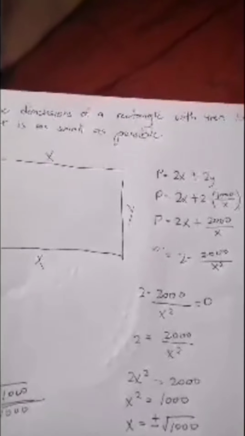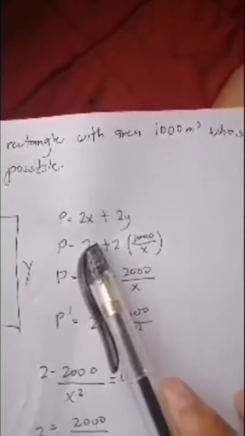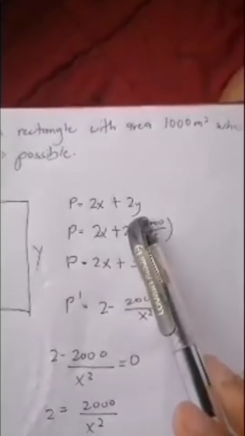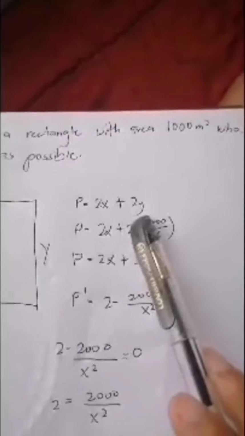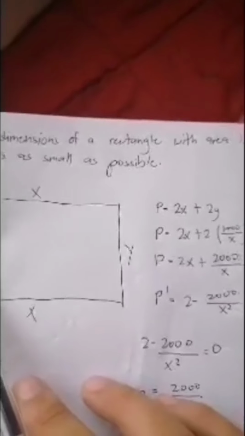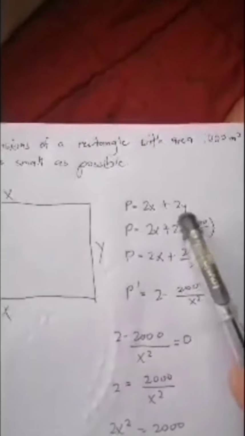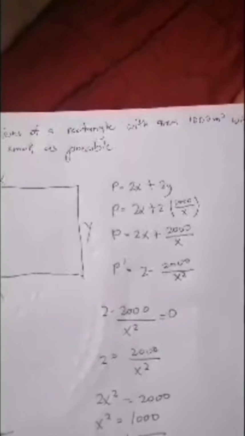The perimeter of a rectangle is 2 times X plus 2 times Y. Remember, this is X and this is also Y. So the perimeter is X plus X, which is 2X, plus Y plus Y, which is 2Y. Alright, so let's minimize this.